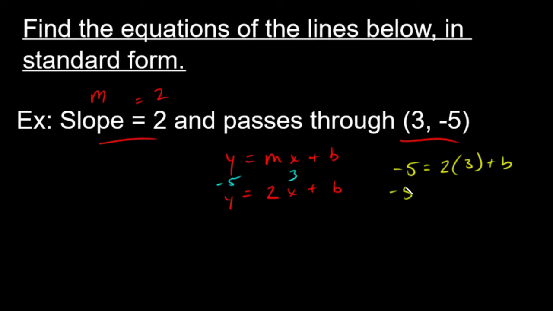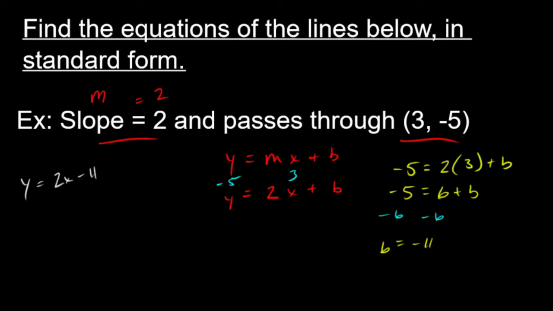And so negative 5 is equal to 6 plus b. Subtract 6. I'll go ahead and write that down. And b is equal to negative 11. Okay? And so your equation of the line is y equals 2x minus 11.